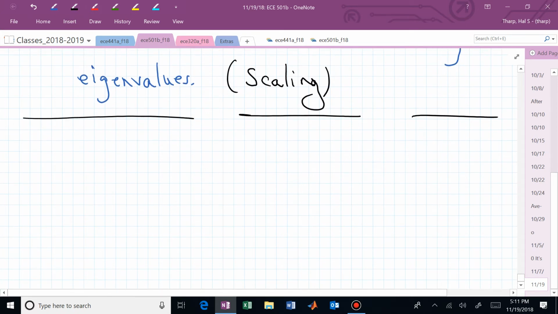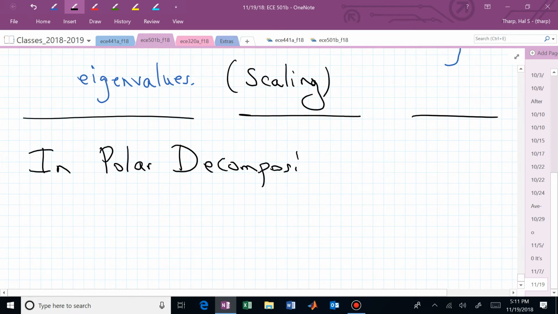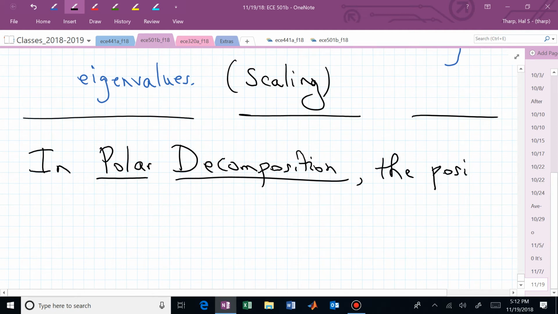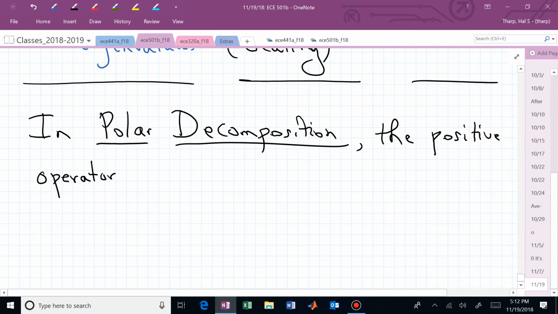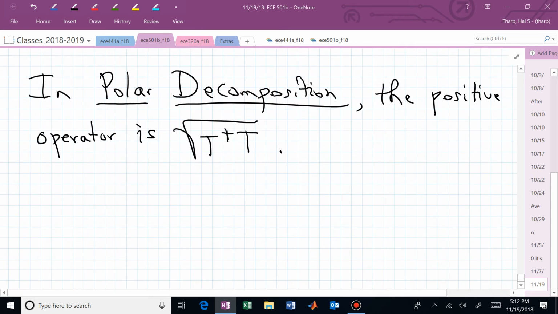Now, in this polar decomposition, where we had this two-piece decomposition, the positive operator, which we represented as the positive square root of T dagger T, is important because that gives us our scaling.